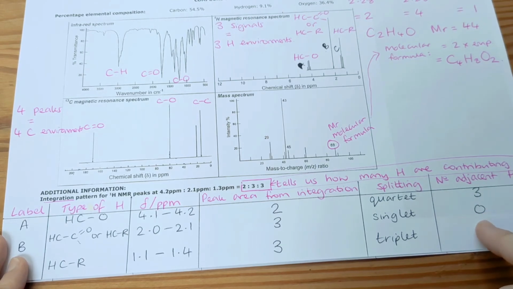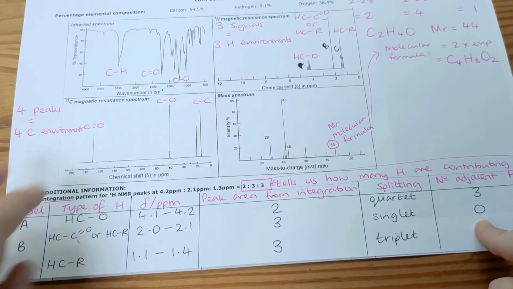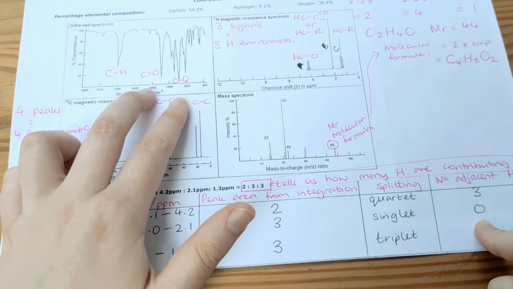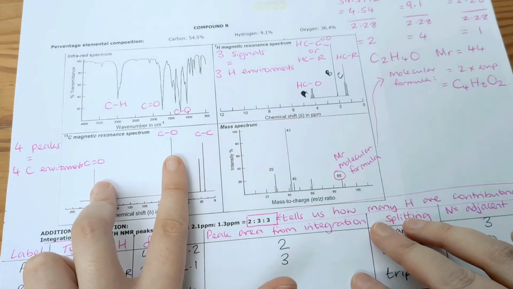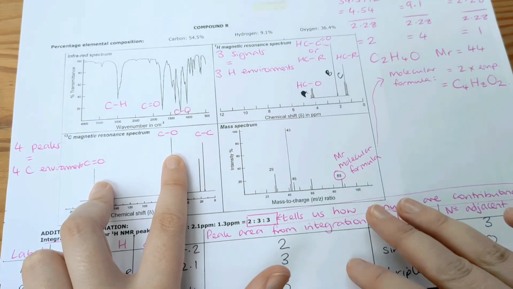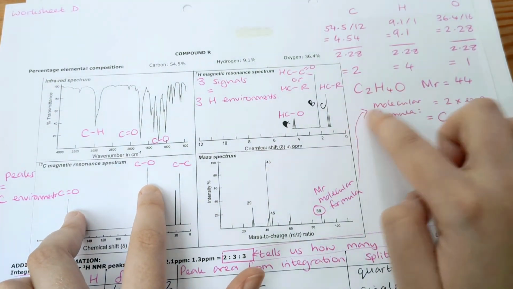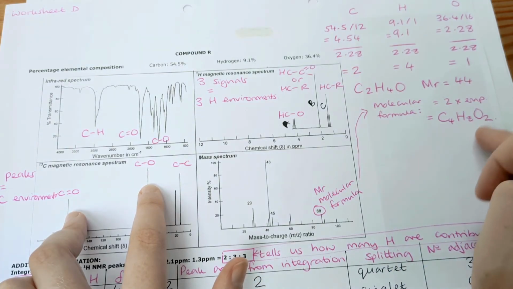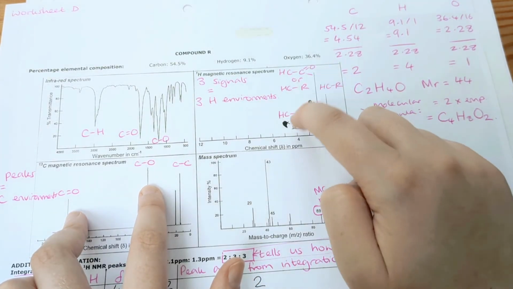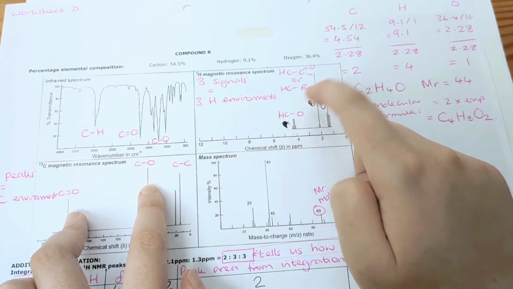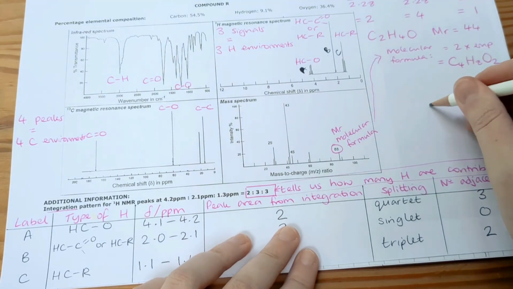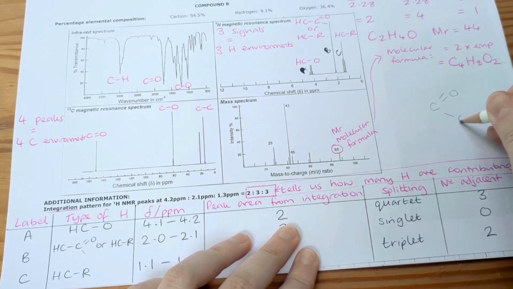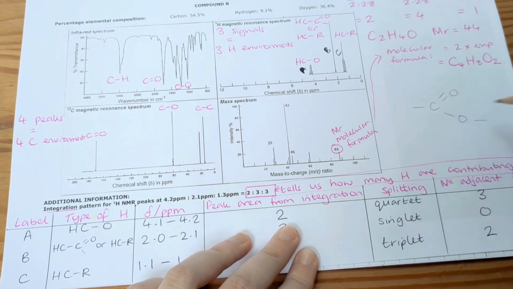Now, if a carbon has no hydrogens attached to it, and we suspect it's an ester, from this information in the infrared, and from these types of carbon from the carbon NMR, we also suspect it from the molecular formula, and there's some more evidence of an ester here in the types of hydrogen as well, then this is probably to do with this carbon here in the ester.